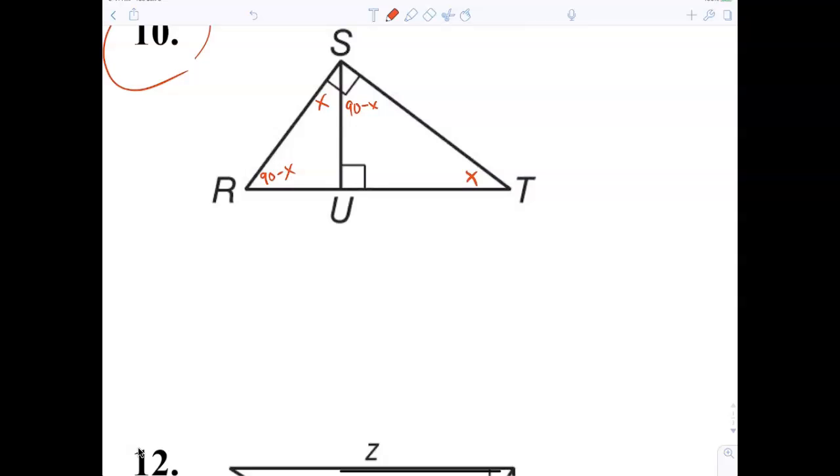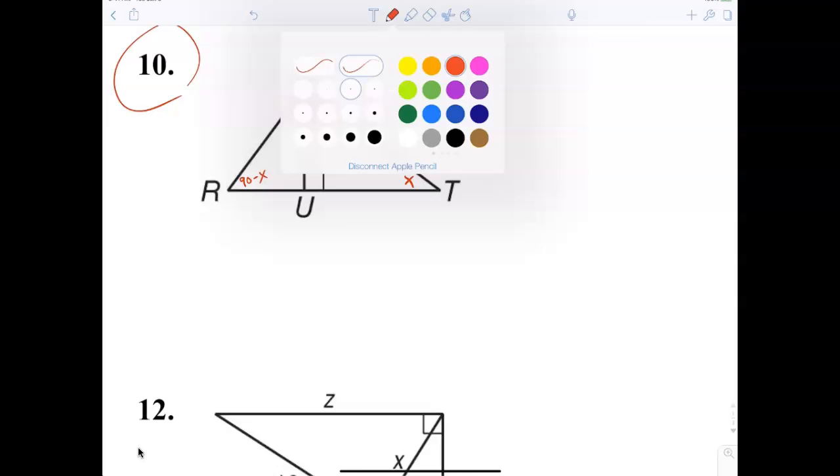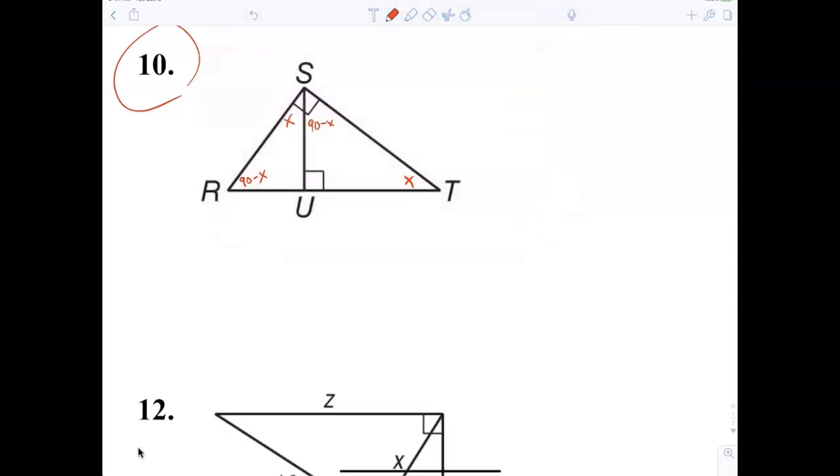Now you have to write the similarity statement. I personally prefer to do the big triangle first. I like to go in order. So the big triangle is going to be, and it doesn't matter, someone just tell me, triangle what? So I have triangle RST, and that's not bad.